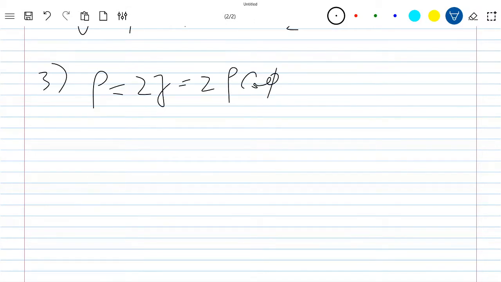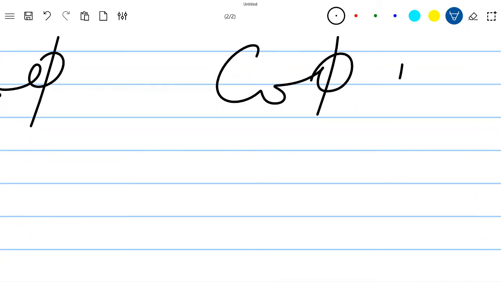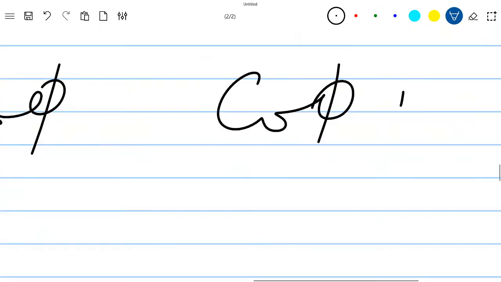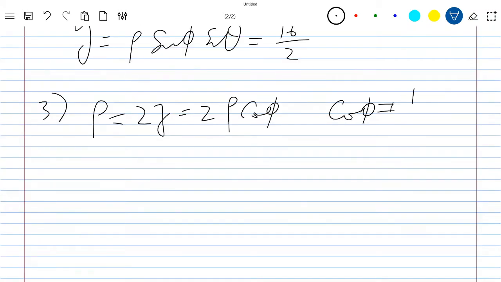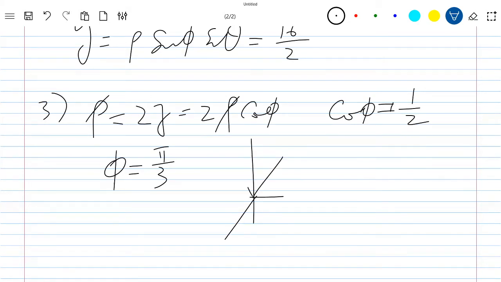So cosine phi equals 1/2, because that way you can cancel the rho. So that means phi equals pi over 3. And that means you have a fixed phi with arbitrary rho, and that's a cone. The cone at angle pi over 3. Oh, I didn't draw this very well. It should be more like that.